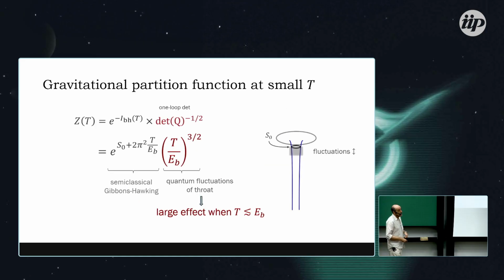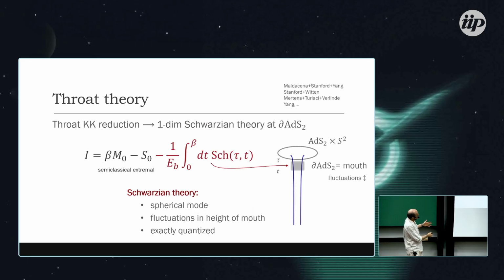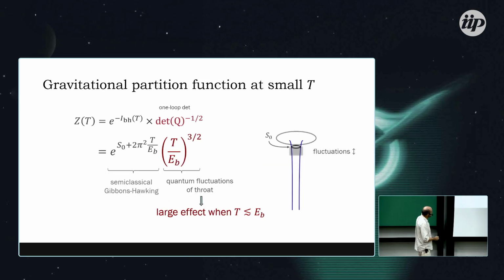So if you now take this theory, this is the action, and you put it in the gravitational path integral, you want to compute the gravitational path integral, including the determinant of fluctuations given by this action.